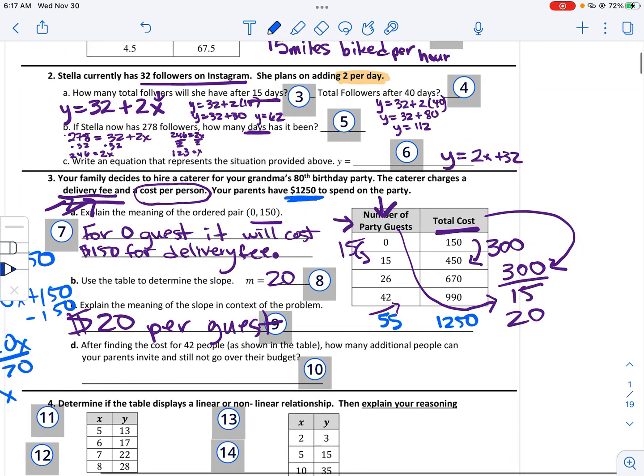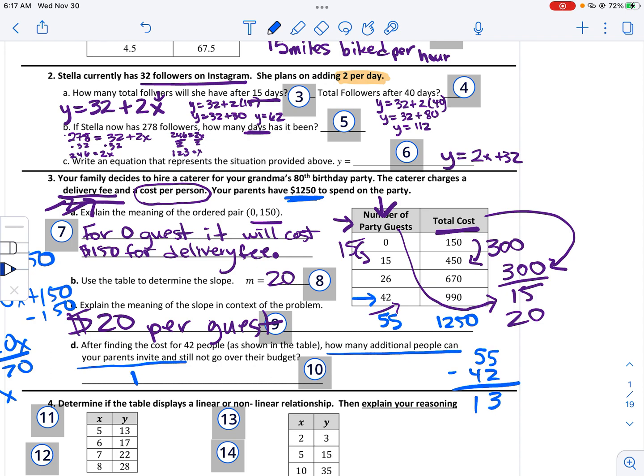But this says, how many additional people can your parents invite? So they knew 42 was this amount. How many additional people? So 55 minus 42. That's going to be a 3. That's a 1. 13 additional people.